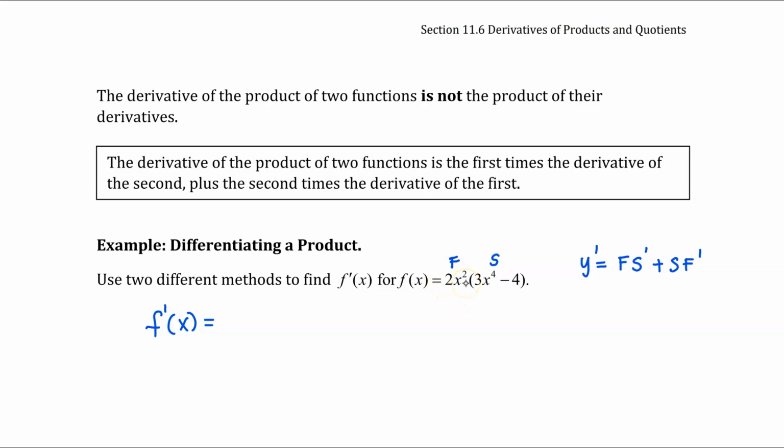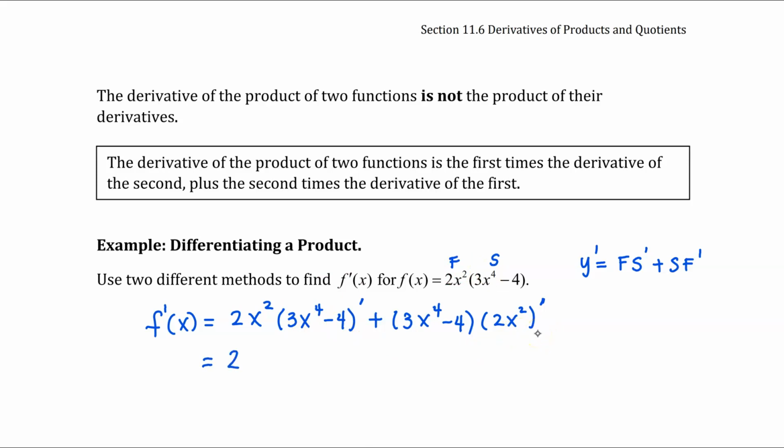So you have 2x squared times the derivative of the second factor, 3x to the fourth minus 4 prime, plus copy the second factor, 3x to the fourth minus 4, times the derivative of the first, 2x squared prime.